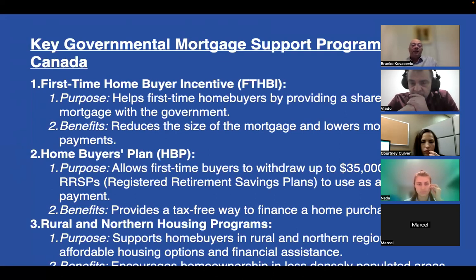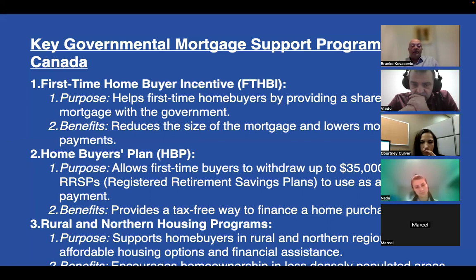That means the government will own either 5 to 10% equity, and the client has to pay that back in 25 years, or if they sell the house in the meantime, it has to be paid. It doesn't matter how much money the government puts down, it has to be equity, either 5 or 10%. But the benefit for the buyers is they can qualify more easily, and monthly payments are lower.